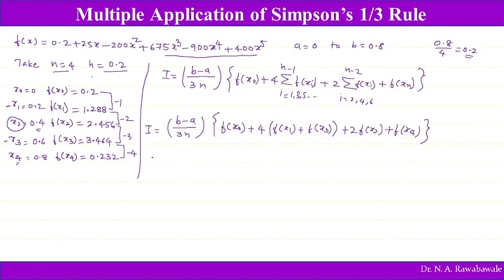Close this bracket. Now we know everything: we know f of x0, f of x1, f of x3, f of x2, and f of x4.